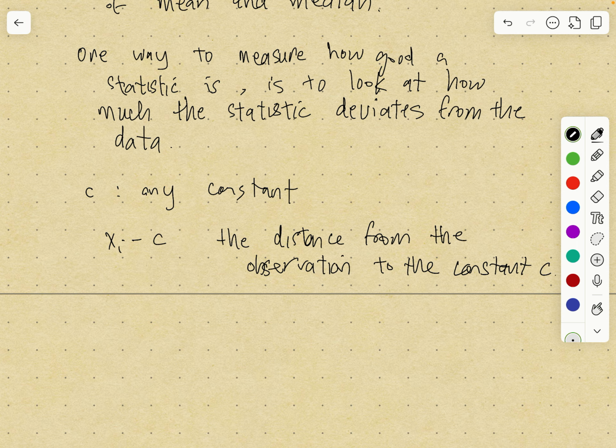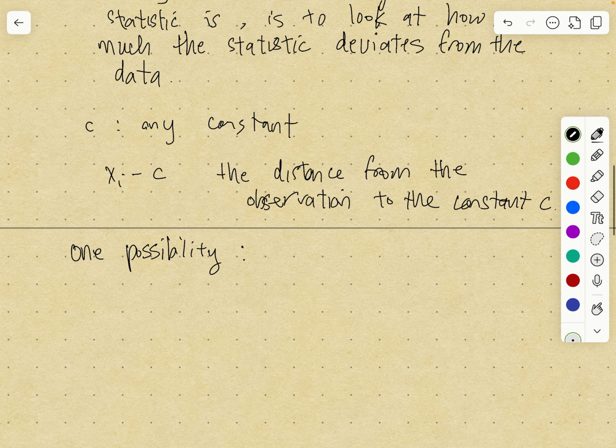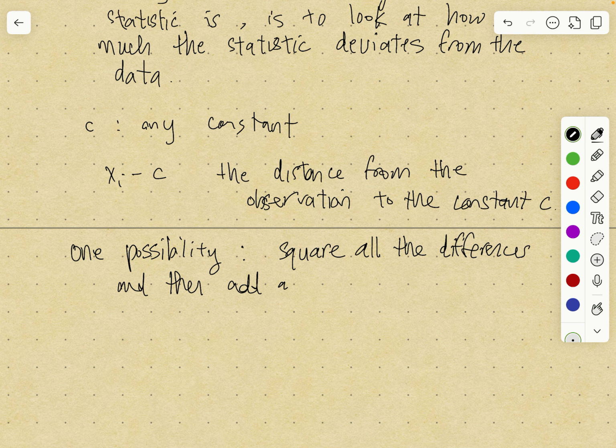Okay. So one thing you can do is square all of the differences and then add up all the squares.